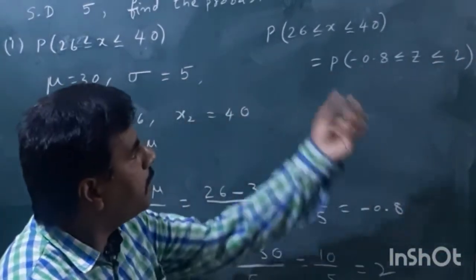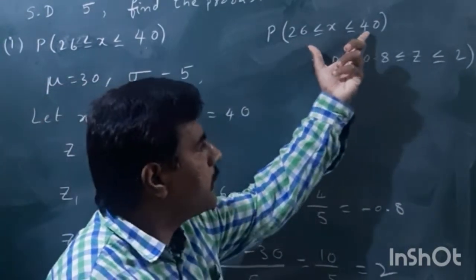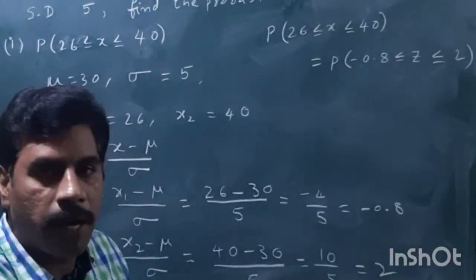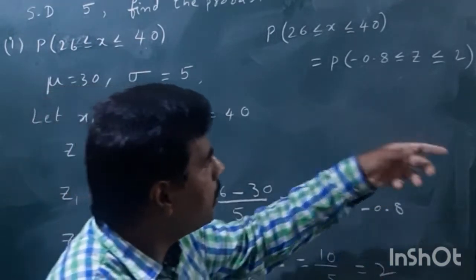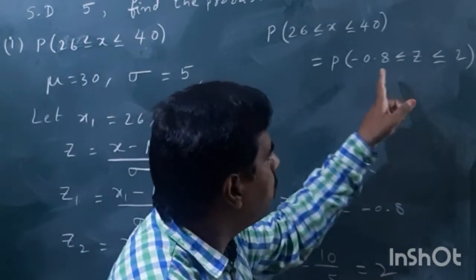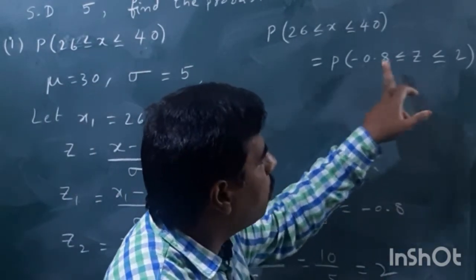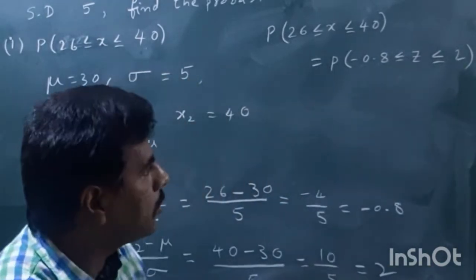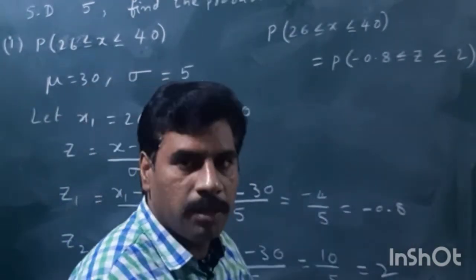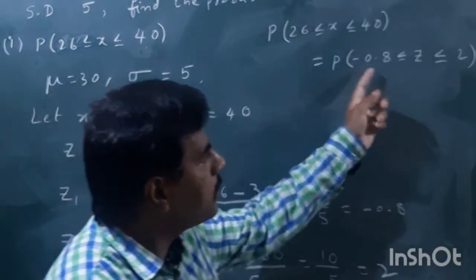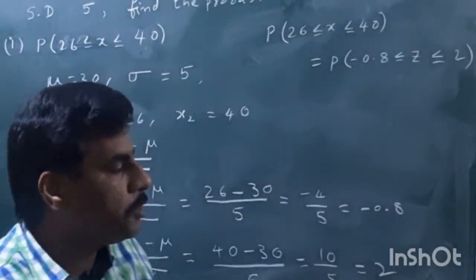Therefore, instead of finding the probability for this interval, it is enough to find the area under this curve, the probability between minus 0.8 and 2. But to evaluate the area under this curve, we will use the distribution table.